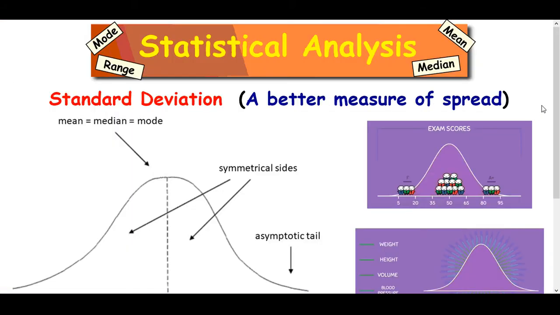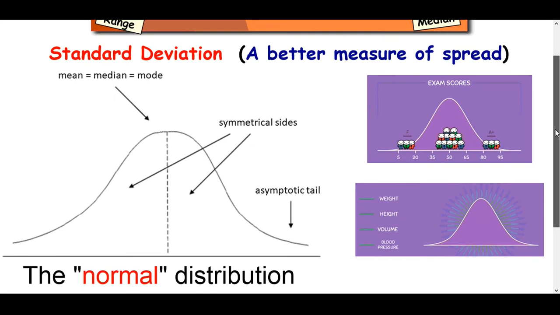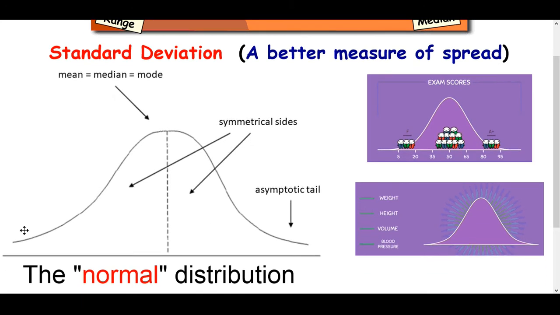Now, this usually works with what's called a normal distribution, which is this kind of bell-shaped curve. It happens quite a lot in nature, and relates to exam scores more than you might imagine. In exam scores, if you take this middle line as the average, most people get round about the average score, and then it drops off, with the top marks and the lowest marks being fewer.